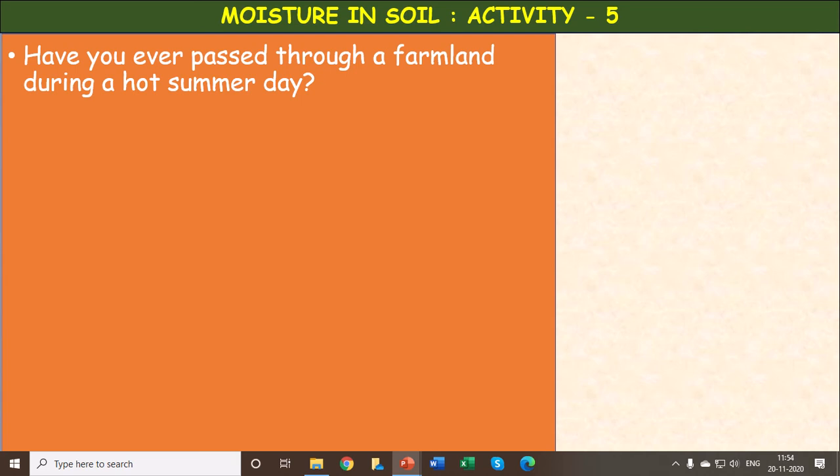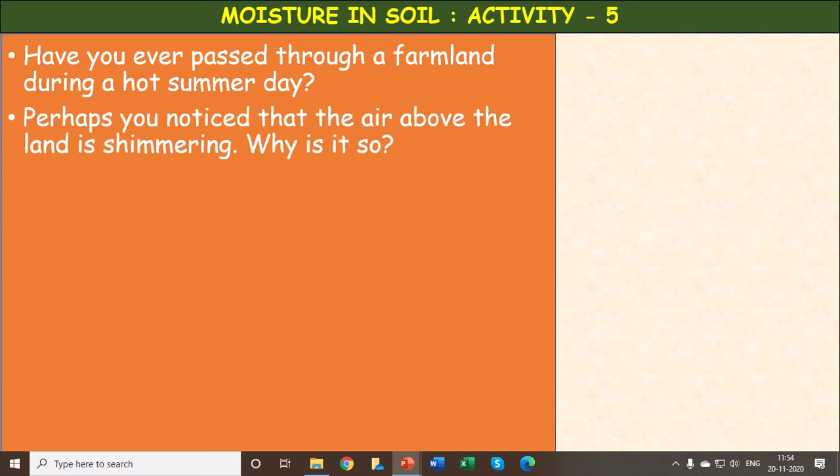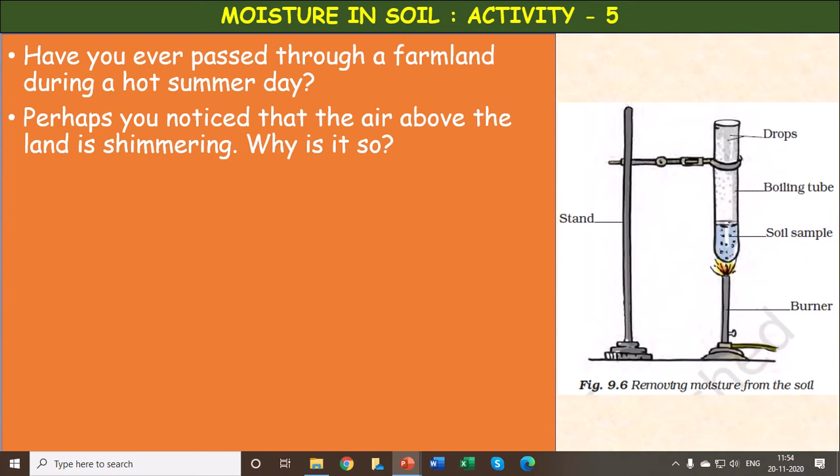Have you ever passed through a farmland, means agriculture land? Perhaps you noticed that the air above the land is shimmering. Why is it so? In order to understand this concept, the moisture in the soil plays a very important role. Try out this activity and find the answer for this question.